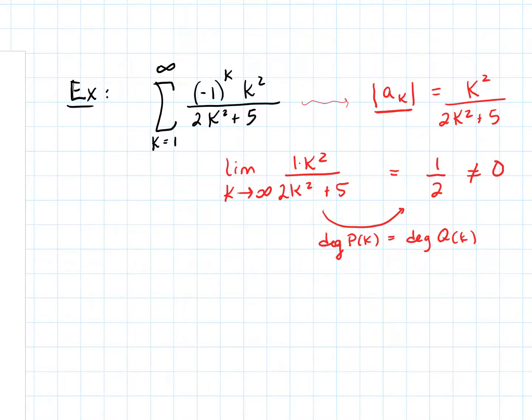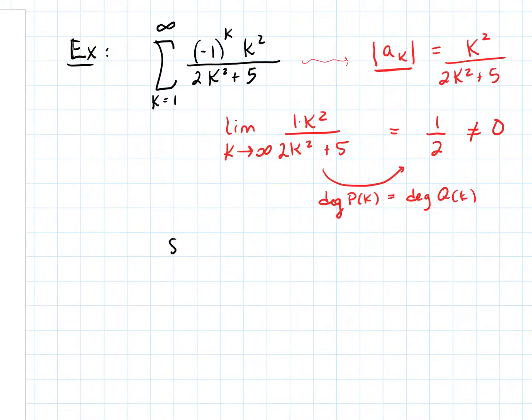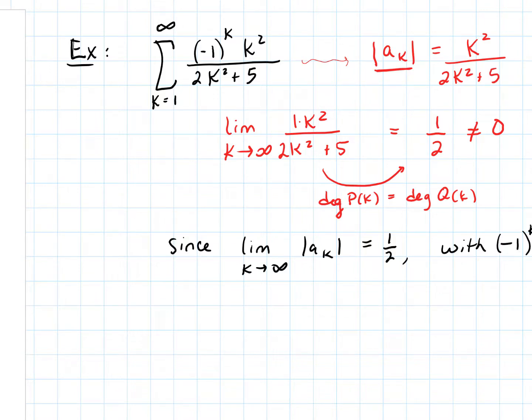Now that wasn't the limit of my series, that was the limit of the absolute value of my series. But what I can say now is, since the limit as k goes to infinity of the absolute value of my terms was equal to 1/2, with that switch, (-1)^k, the limit as k approaches infinity of a sub k just doesn't exist.